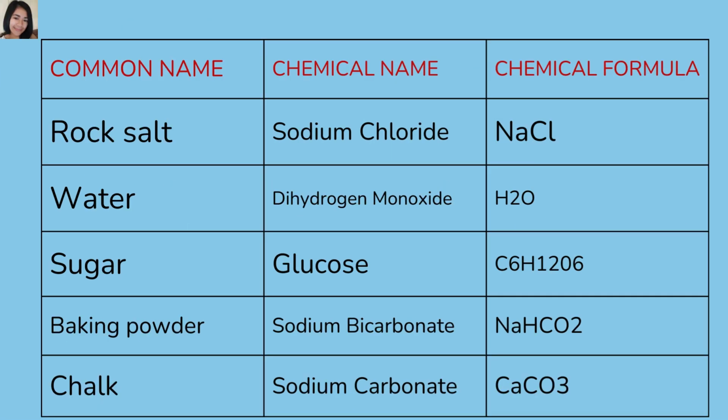So these are the examples of chemical symbols that represent elements. So we have the common names: rock salt, water, sugar, baking powder. And then for the chemical name, for rock salt, tinatawag natin ito na sodium chloride.